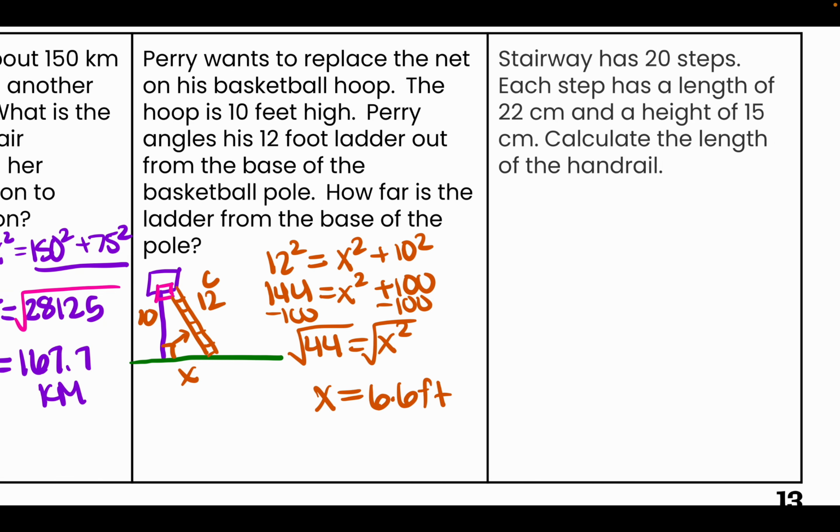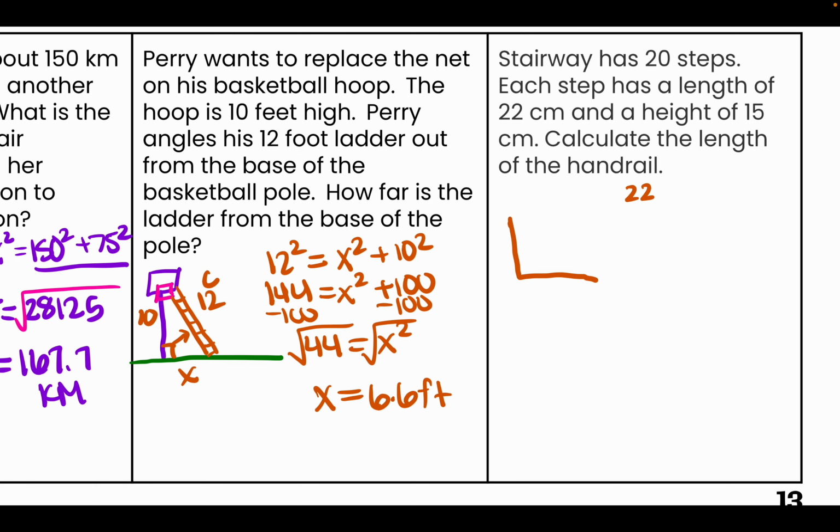The stairway has 20 steps. Each step has a length of 22 centimeters and a height of 15 centimeters. Find the height, calculate the length of the handrail. So instead of drawing 20 steps or whatever, I'm just going to draw our big stairway.